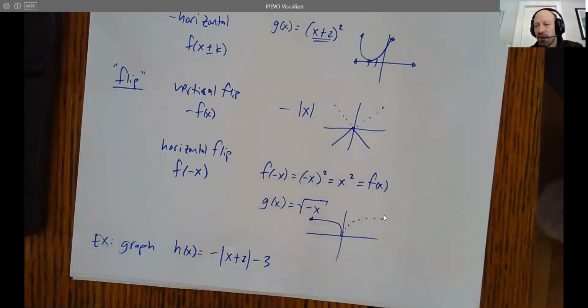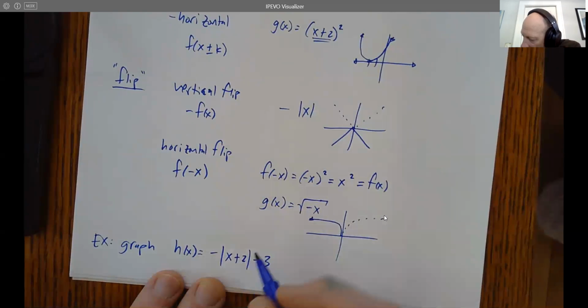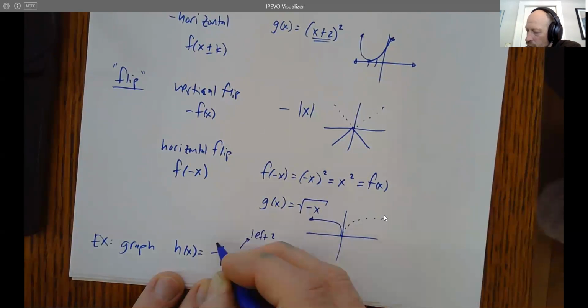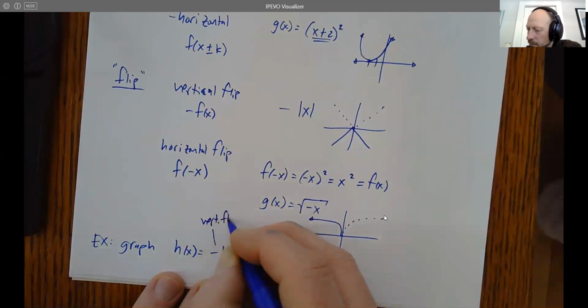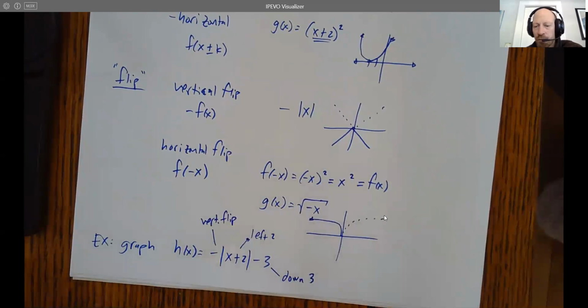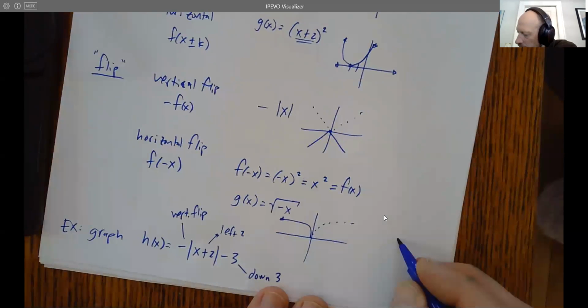Well, what we want to see there is that that's an absolute value function that's been moved left 2, vertical flip, and down 3. So all 3 of those transformations.